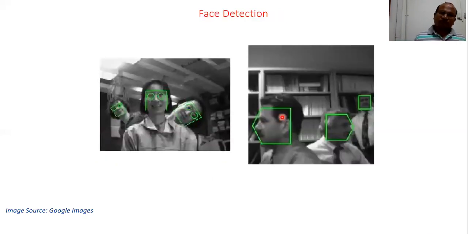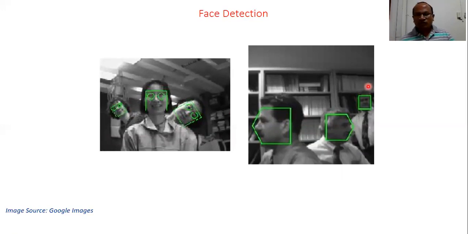Face detection. The number of persons in a scene, in a picture. If you are only interested in detecting the faces, and not other objects, then it is possible. Look here, 1, 2, 3 in the first scene, in the second also 1, 2, and 3.